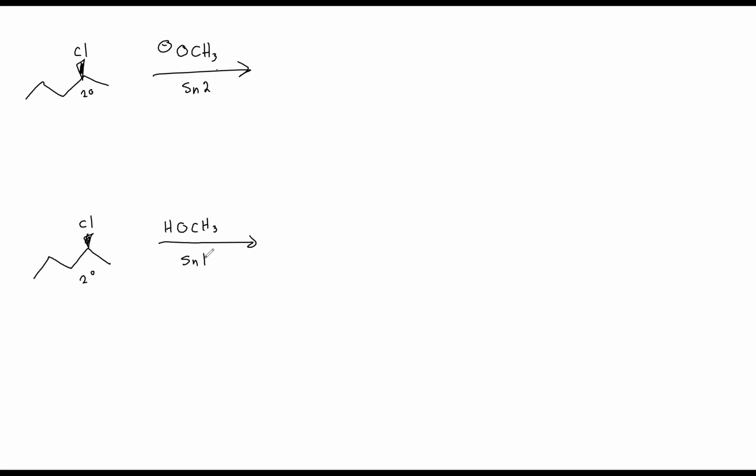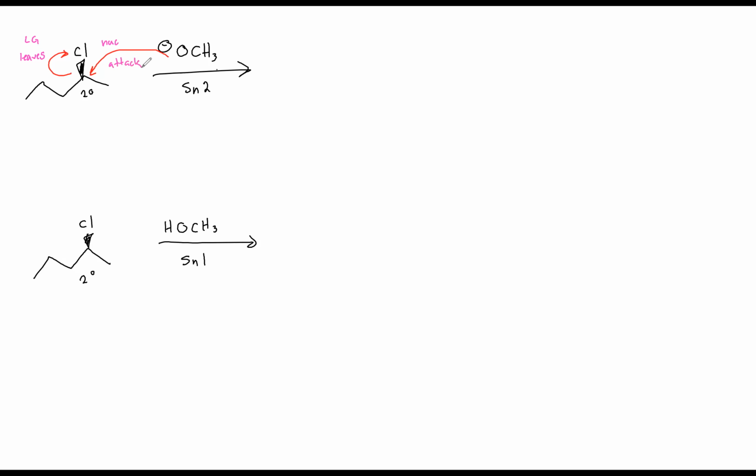Let's do the Sn2 reaction mechanism first. The leaving group is going to leave, and at the same time, we're going to do our nucleophilic attack. So our leaving group leaves, and here's our nucleophilic attack.